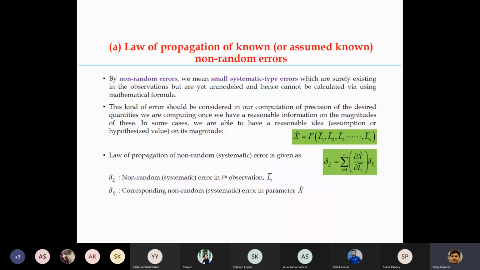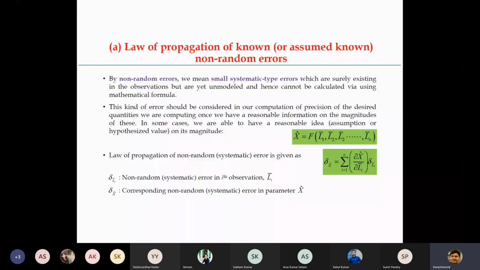Obviously, when we talk about the first function, if you look at this equation, x hat is equal to a function, so this talks about how the parameters are connected with the observations. Since we are talking about indirect measurement, the parameter will be computed based on the observations that you take in the field, and these observations are primarily erroneous, and these errors would be nothing but from random error and systematic error.